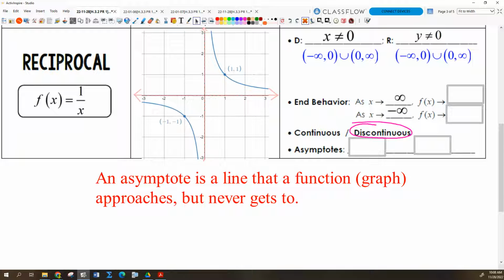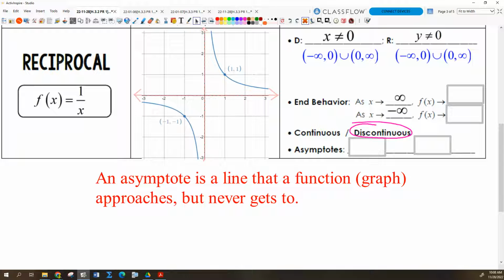End behavior. As x approaches infinity, f of x approaches, not this time. Now look at this graph here. As x approaches infinity, what does the y value approach? 0. Yeah, right?